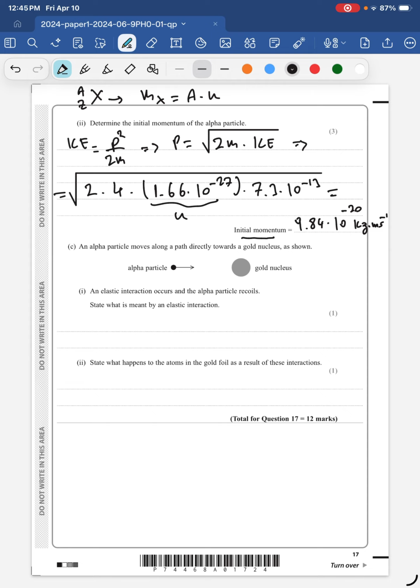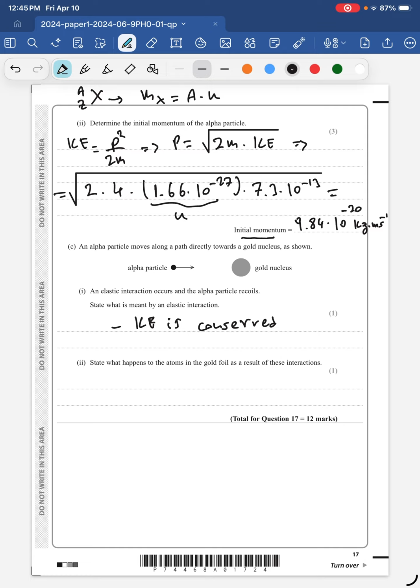Okay, part C. An alpha particle moves along a path directly towards a gold nucleus as shown. An elastic interaction occurs and the alpha particle recoils. State what is meant by an elastic interaction. It means that the kinetic energy is conserved. This is what elastic means.